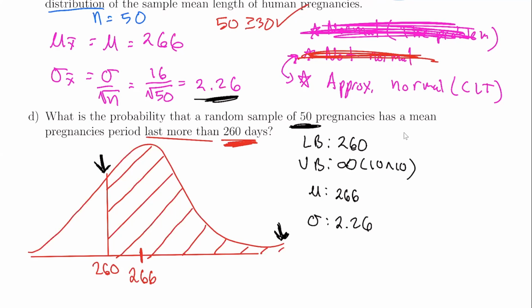Any question on lower bound 260, upper bound infinity, mu 266, and sigma 2.26?